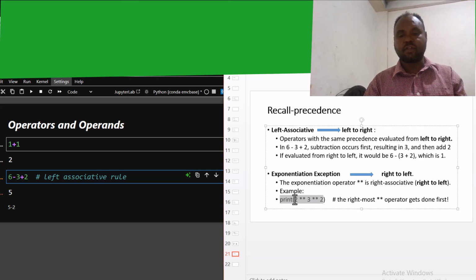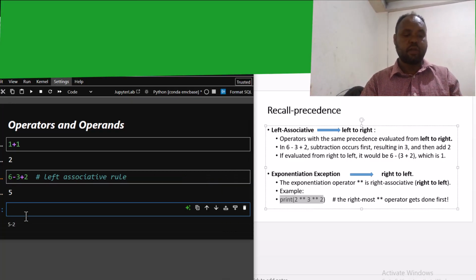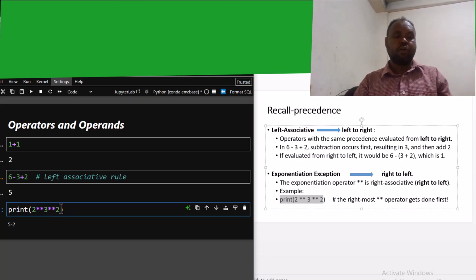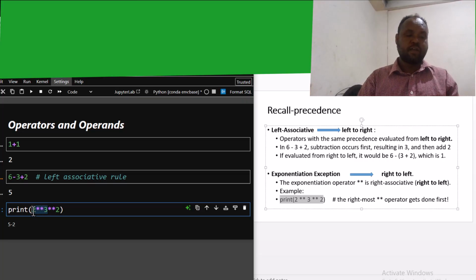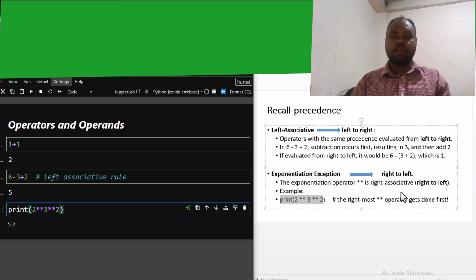What about successive exponentiation? For example, here, what will be the result of this one? 2 exponentiated to 3, then 3 to 2. Does this come first or this one? This is based on right associativity. In exponentiation there is an exception: we evaluate right to left.